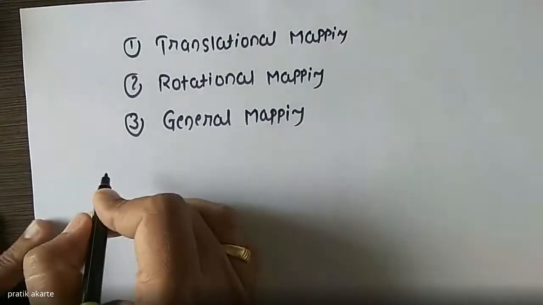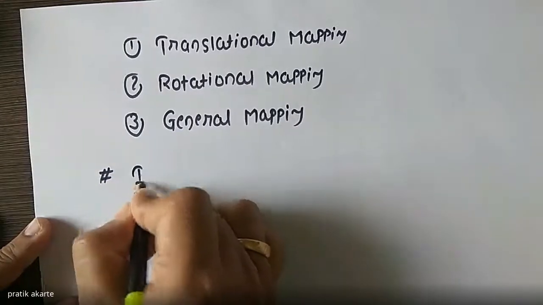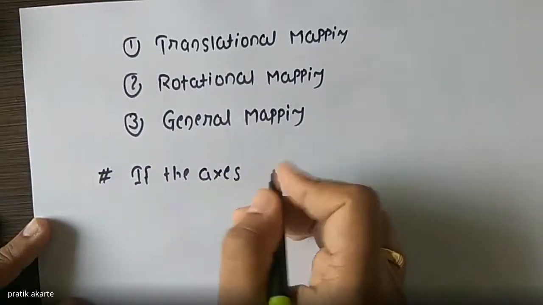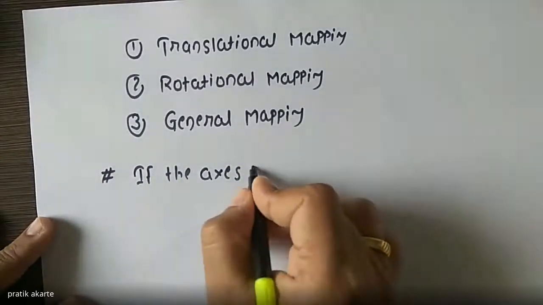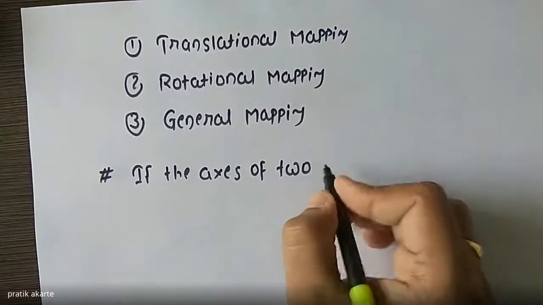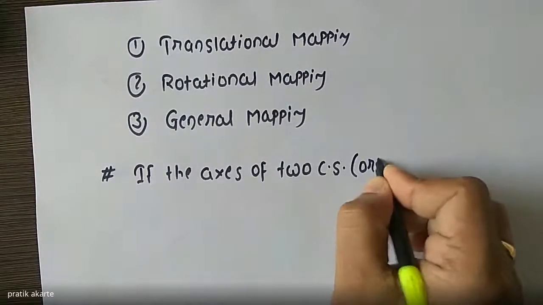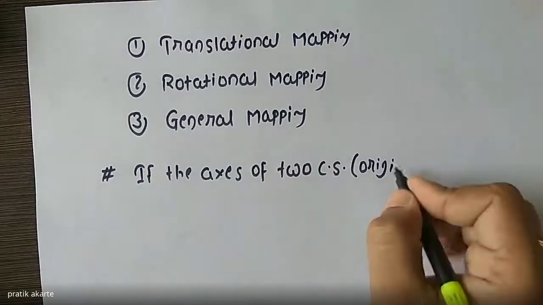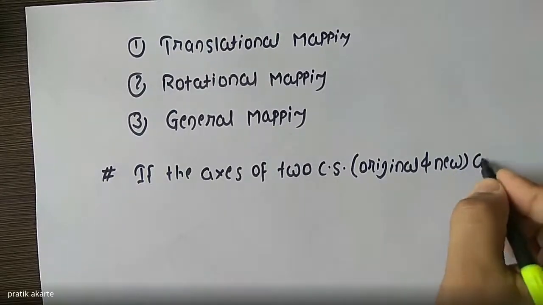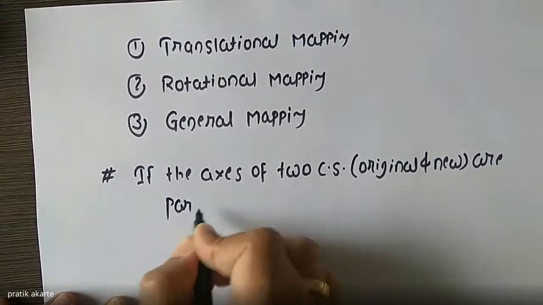So translational mapping involves this: if the axes of the two coordinate systems, like your model and working coordinate system, that means original or new, are parallel to each other, then the mapping is called translational mapping.